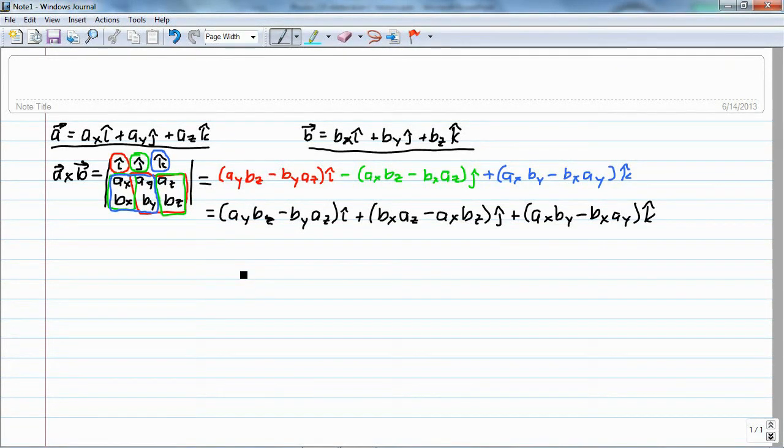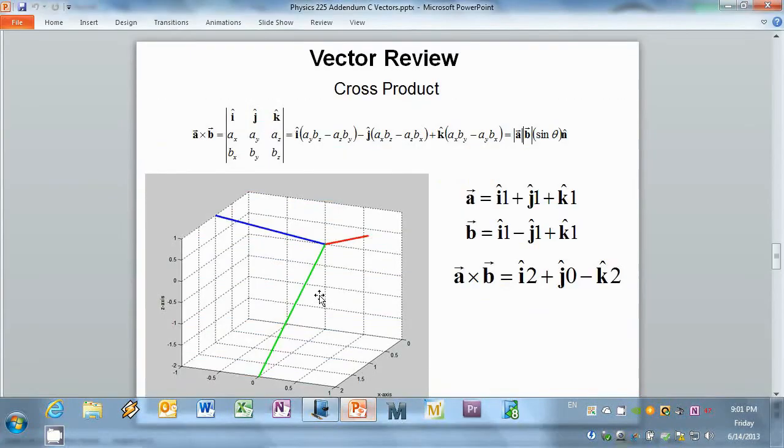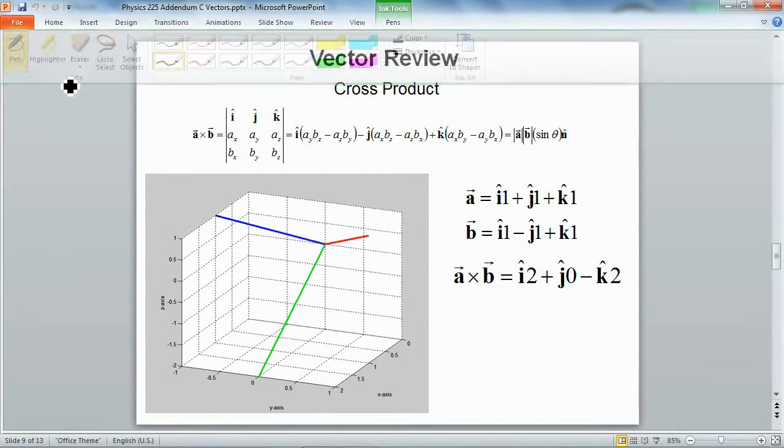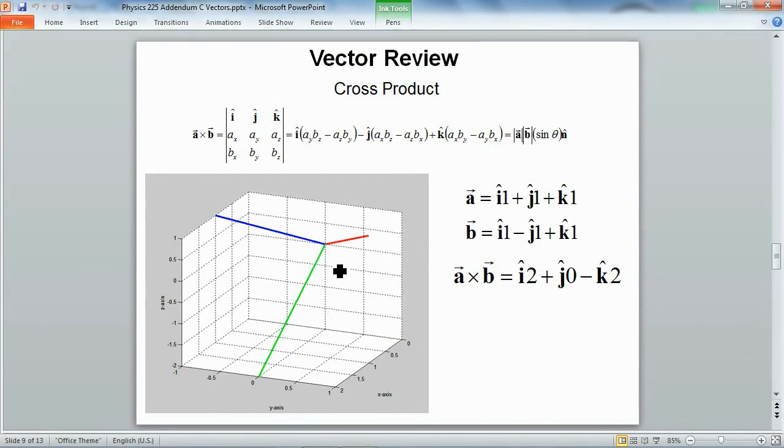Now, what does the cross product actually represent? Well, it's a vector, so it's another vector quantity, but what does it actually represent? Well, on another slide here, I'm going to show a quick calculation and try to put this into a three-dimensional format, and it's sometimes difficult to really tell what a cross product really does.